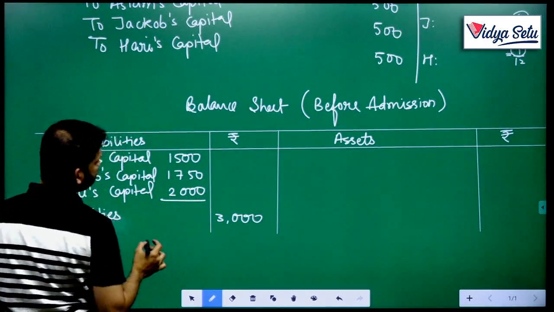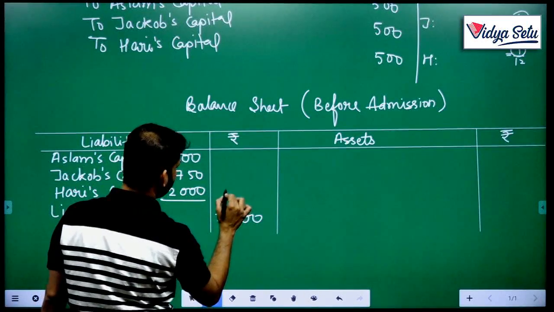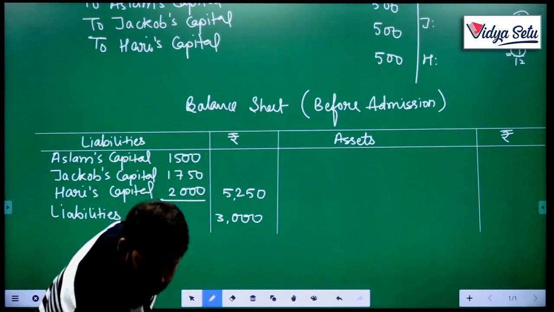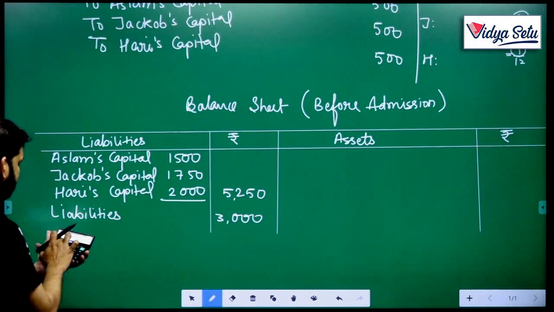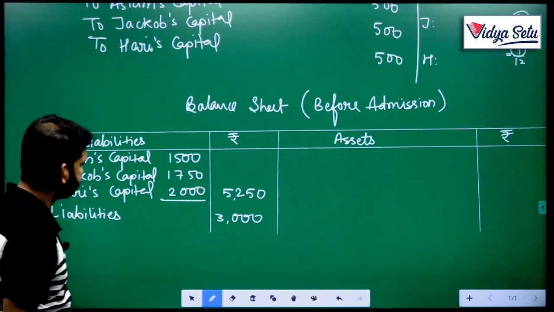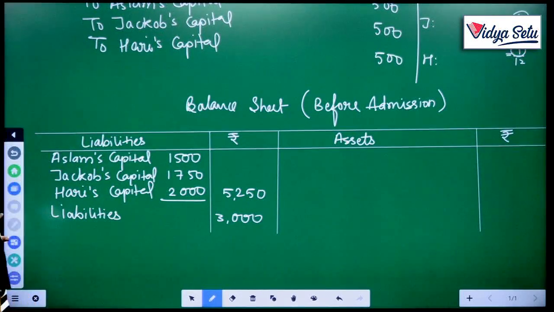So total, let me check, 1,500 plus 1,750 plus 2,000, yes, 5250.